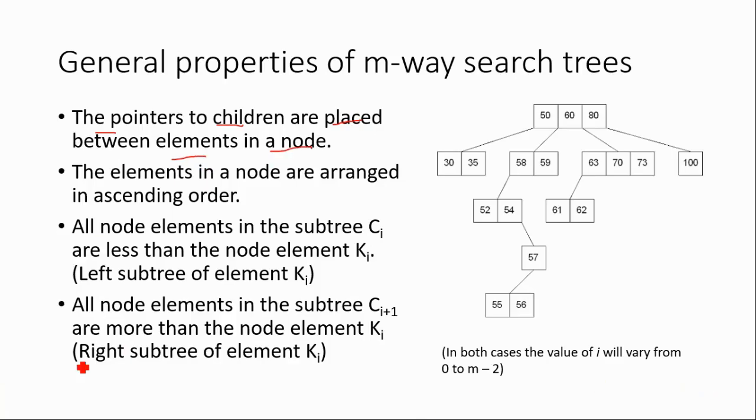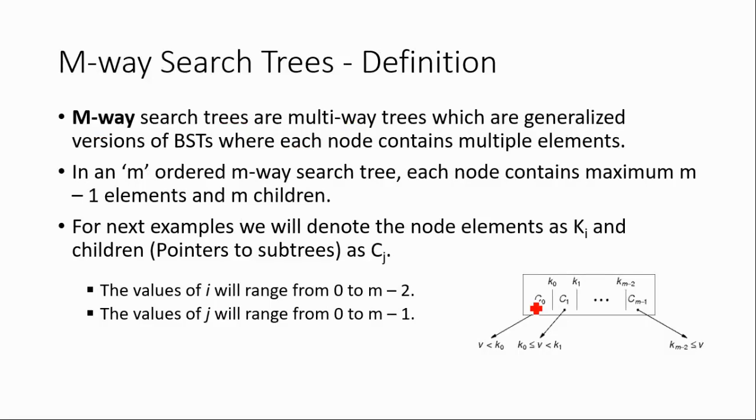So what we have seen in the previous example, the first item in the node begins with a link to the subtree, and then we have an element K0. Then after that we have another child link, then an element. So in this interleaved fashion, the elements and child links will be arranged.